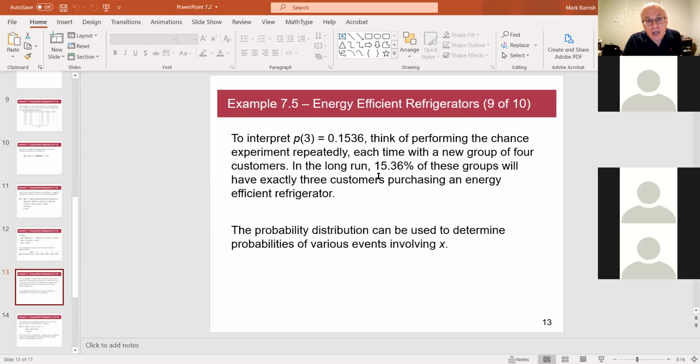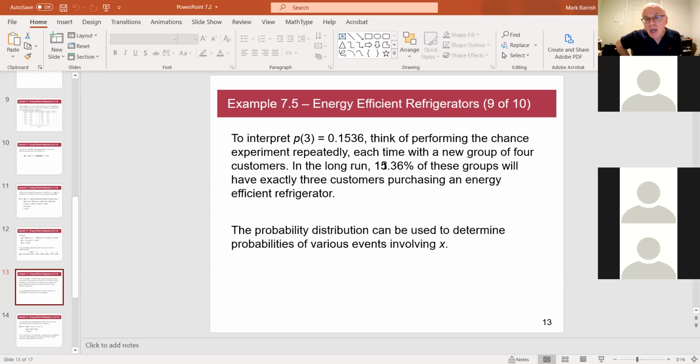Or we could say in the long run, all right, if we have groups of 4 customers coming into the store over and over again, purchasing these refrigerators, we would expect 15.36% of these groups to have exactly 3 customers purchasing an energy efficient refrigerator. So that's 2 ways of saying it.